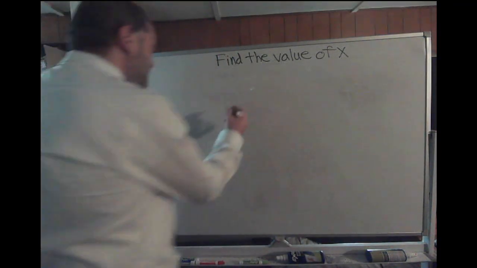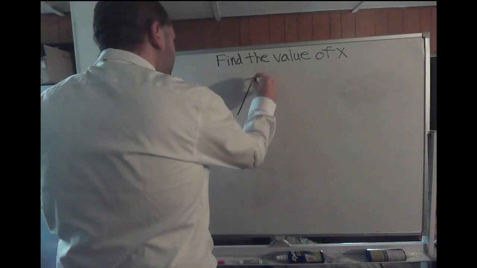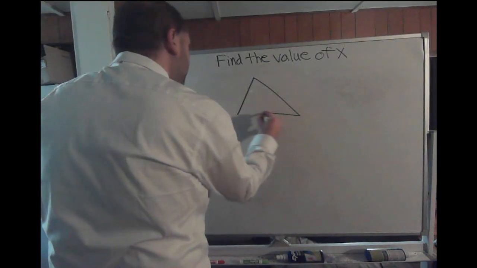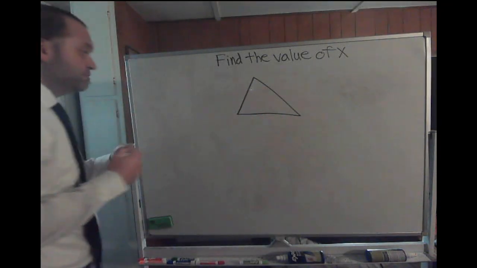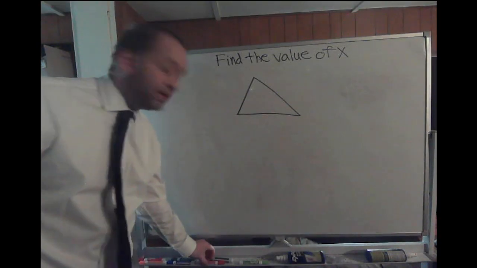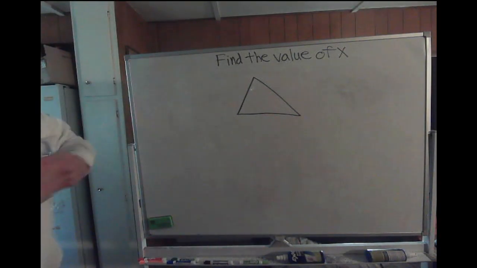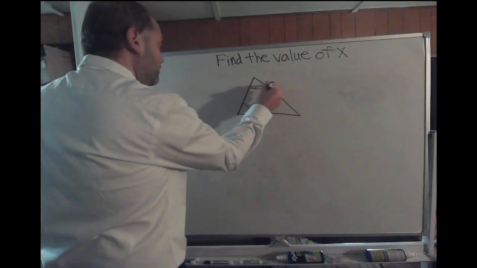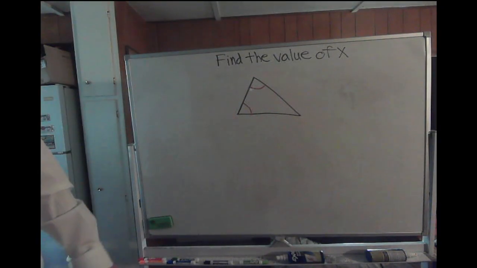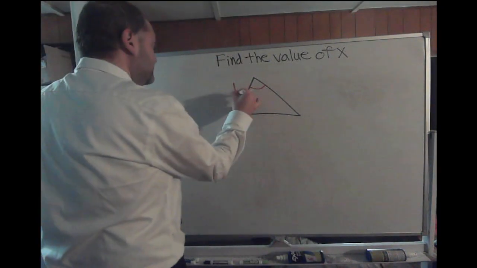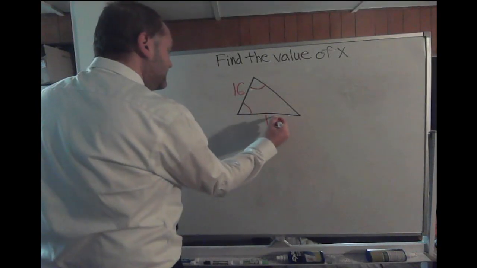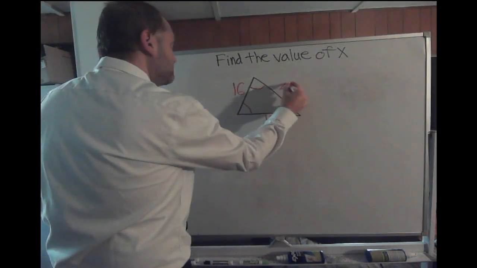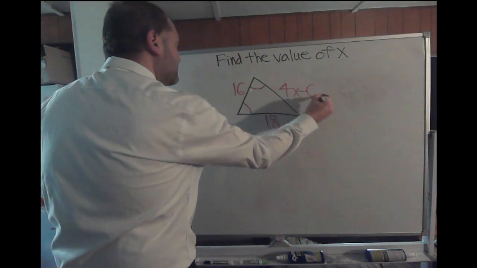Okay, a little bit different here. Probably not the best triangle, but it'll suffice. Let's see, this angle and this angle are congruent. 16, 18, 4x minus 6.